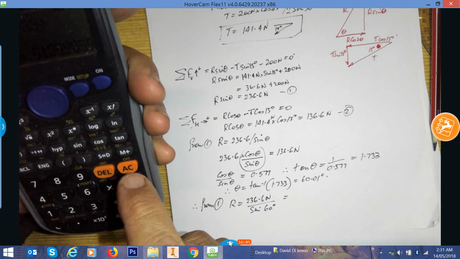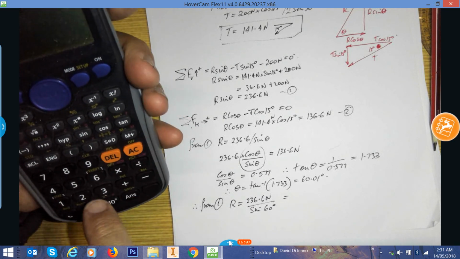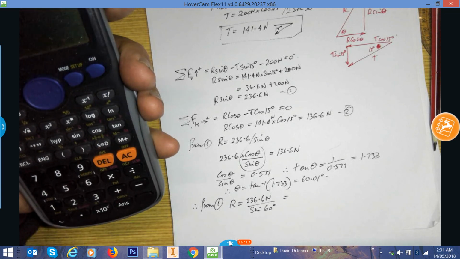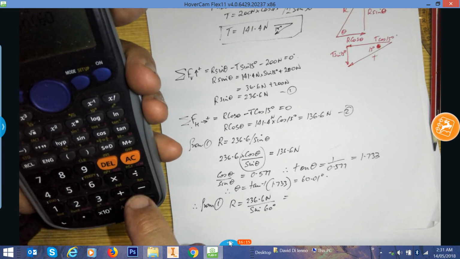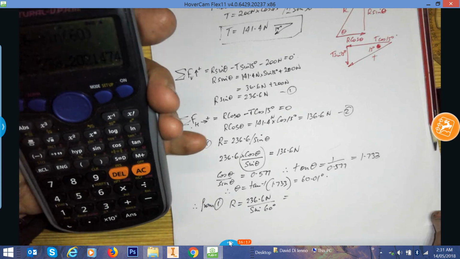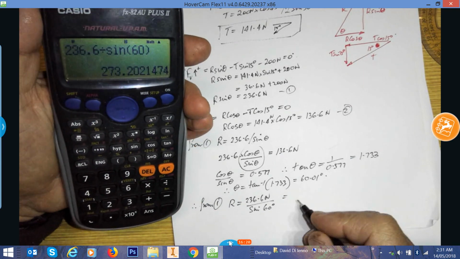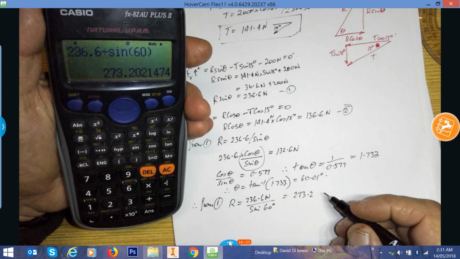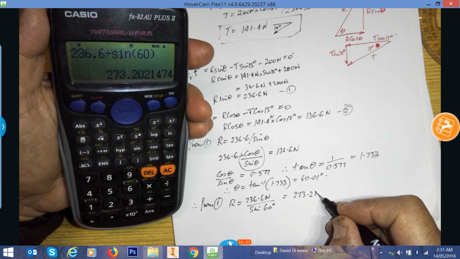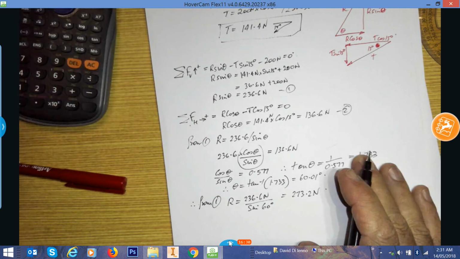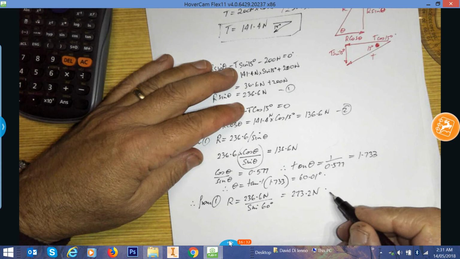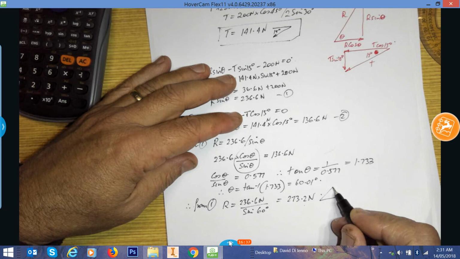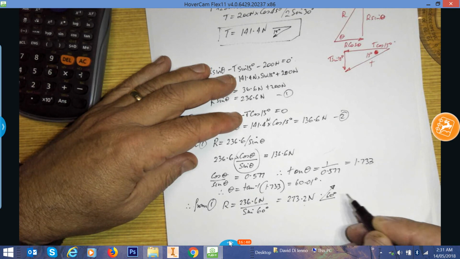Let's do that in maths: 236.6 divided by sine of 60 gives us 273.2 newtons, and that's the answer for R. So now we know that R equals 273.2 newtons, and it's going to go in the upward direction at 60 degrees like that.